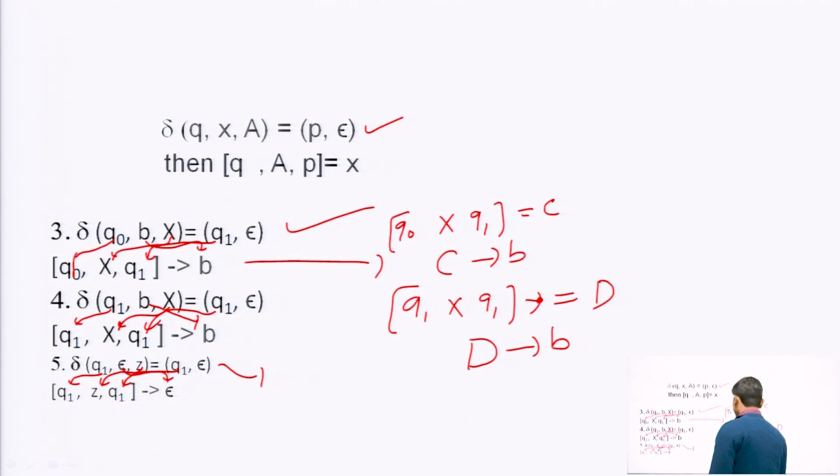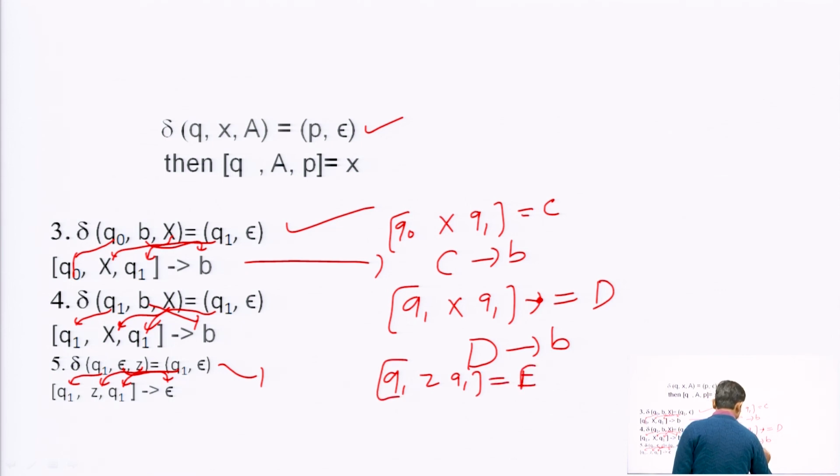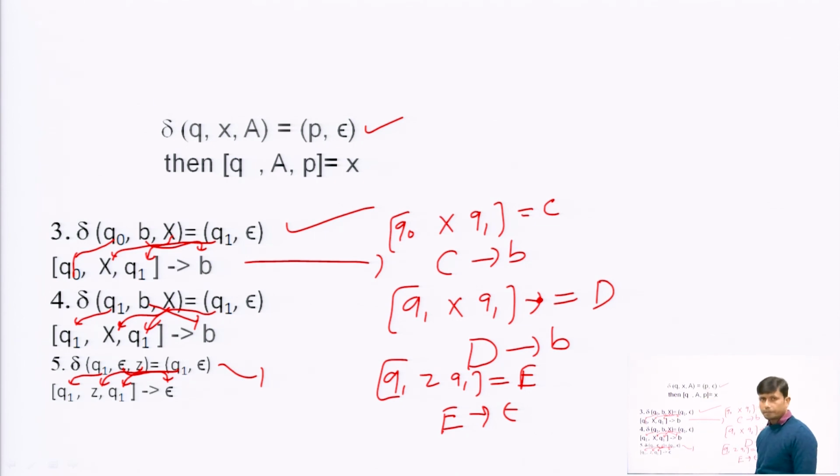So suppose we take E as a variable for q1 z q1, then E to epsilon. So for all pop operations there will be only one epsilon production. Like that you have to convert your push down automata to context free grammar. There may be many unit productions, so you have to simplify the context free grammar.